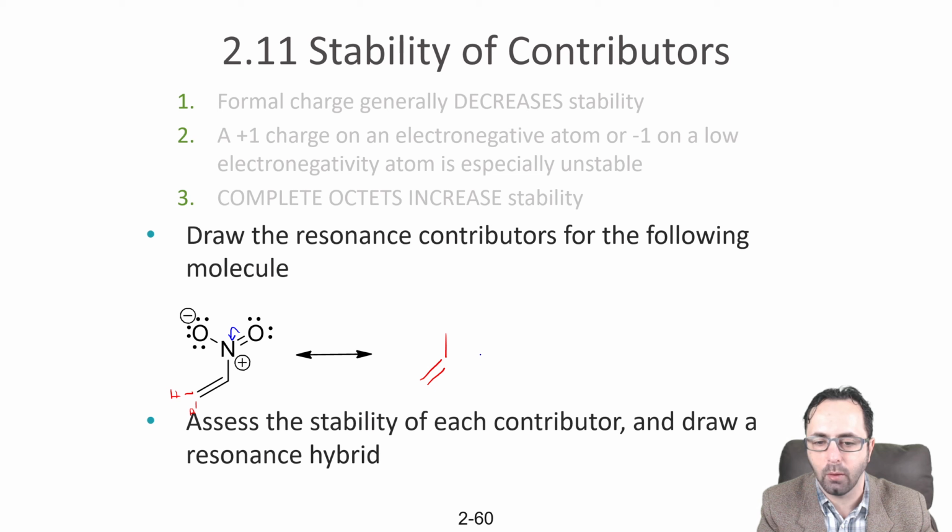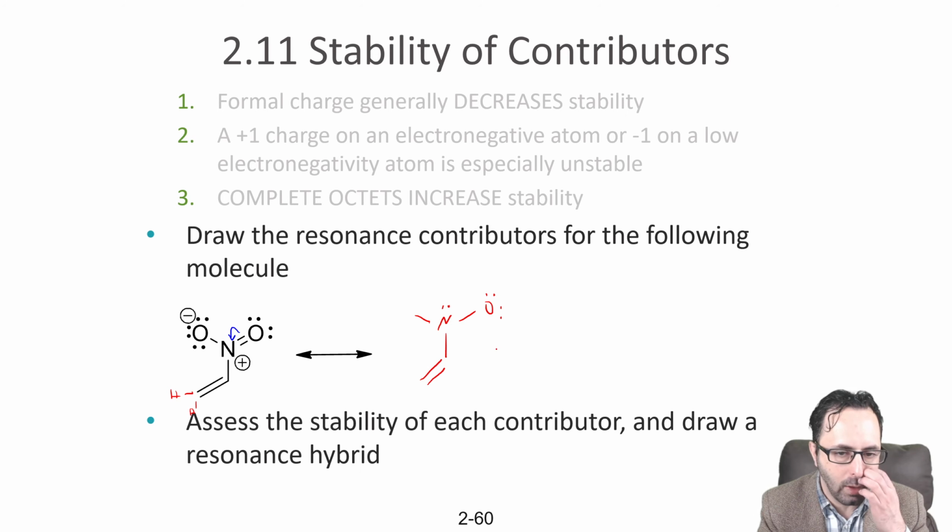Let's see how that works for the nitrogen. We'll have the nitrogen here. It now has a lone pair. It now has 3 bonds. But this oxygen now has 1 bond and 2 lone pairs.